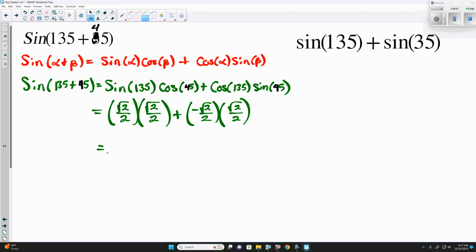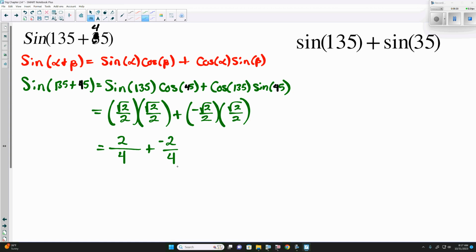Well, square root of 2 over 2 times square root of 2 over 2 would actually be 2/4. Because square root of 2 times square root of 2 is just 2. 2 times 2 is 4. Now that is technically 1/2. We can reduce it, but I'm not going to. We could do it in a minute if we need to. Because we're going to add to it negative square root of 2 over 2 times square root of 2 over 2. Well, that would be negative 2 over 4, which is technically negative 1/2.